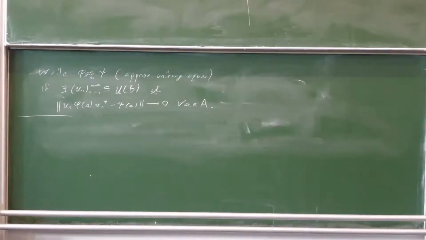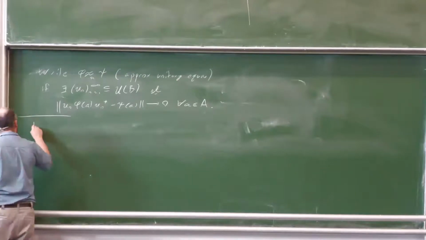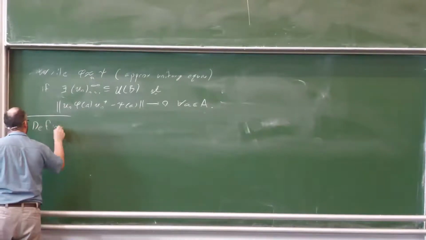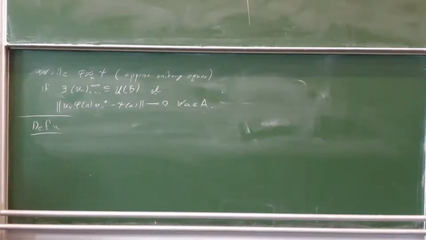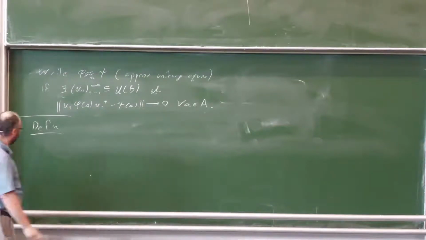So that's going to be the right notion of equivalence. So we're going to try to classify morphisms up to this notion of equivalence. And the way we want to classify them is in terms of some functor, like we do with the classification of the algebras.